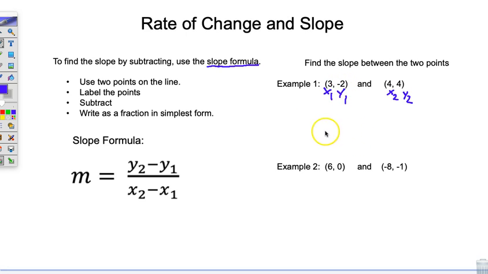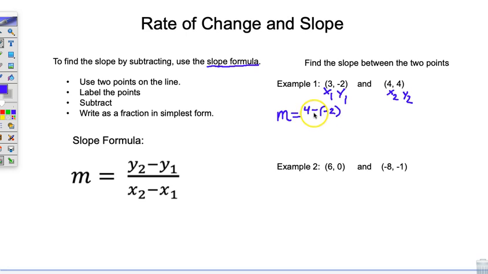The next part is actually so easy because you're just replacing them in the formula. So in the formula, you can see I have y2 subtract y1. That is the difference in the movement of the y value. So my y2 value is a 4. I'm going to subtract that from my y1 value, which happens to be a -2.